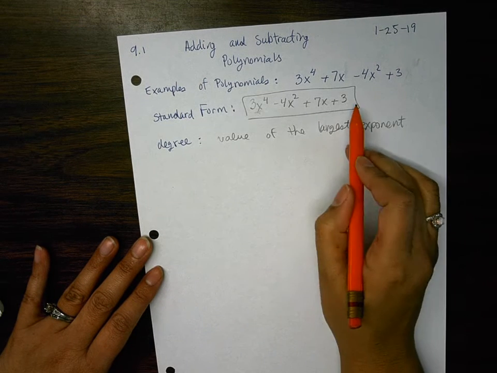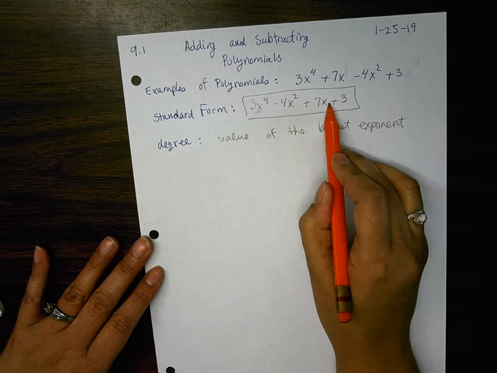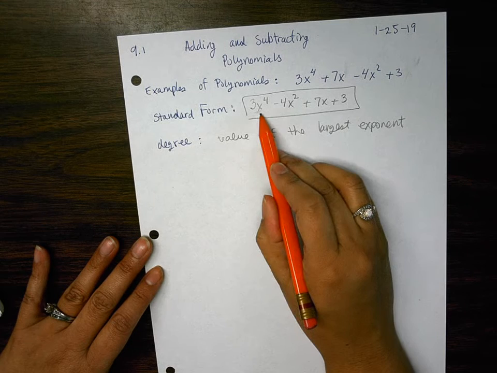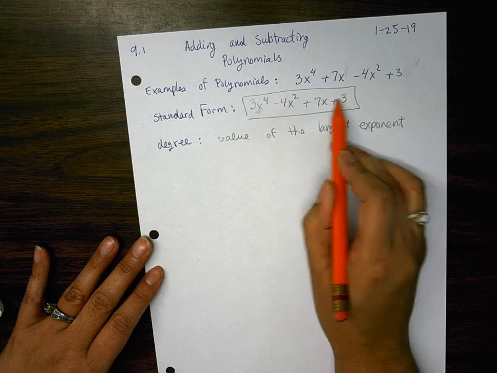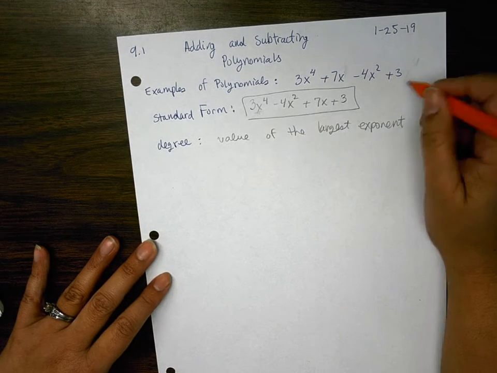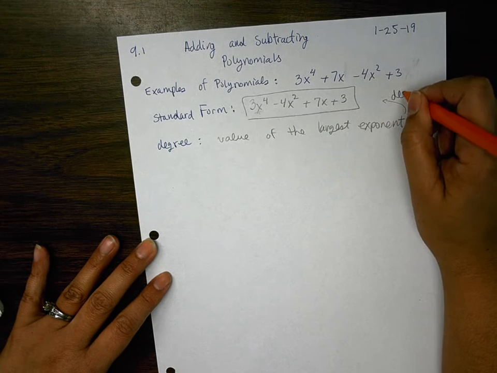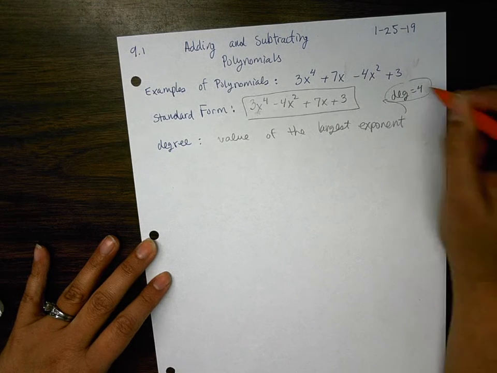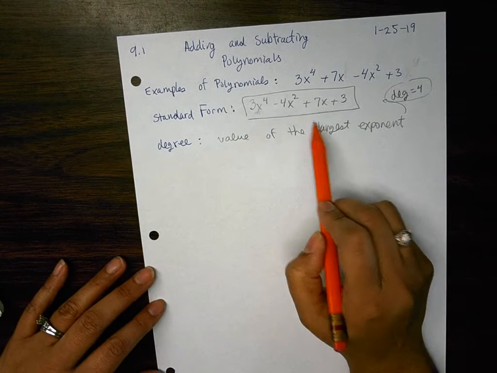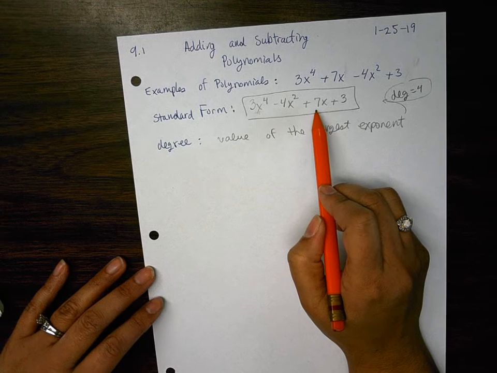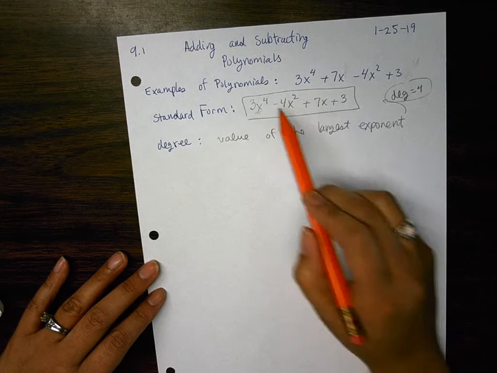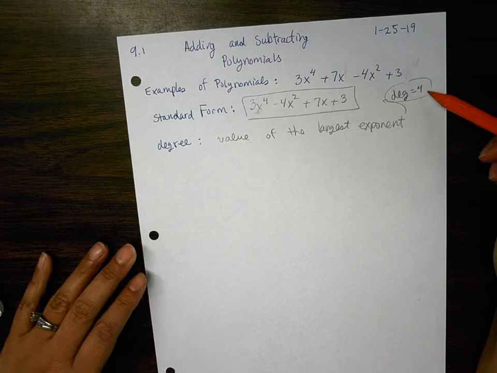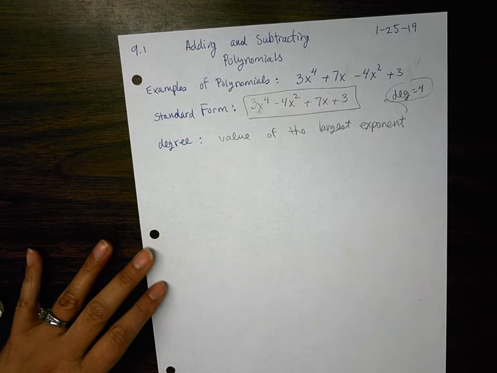So I have a power of 0, a power of 1, a power of 2, and a power of 4. What is my largest exponent? 4. So you would say there that the degree equals 4. Now kids will say, oh, but 7's bigger. I'm not looking at the coefficient. I'm looking at the exponents. The largest exponent is your degree. Questions?